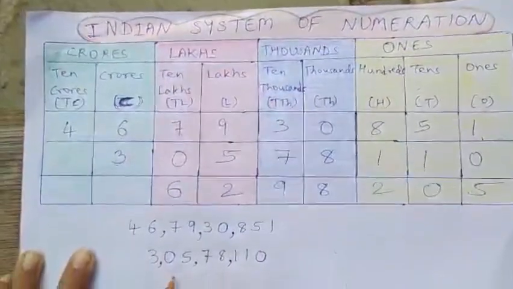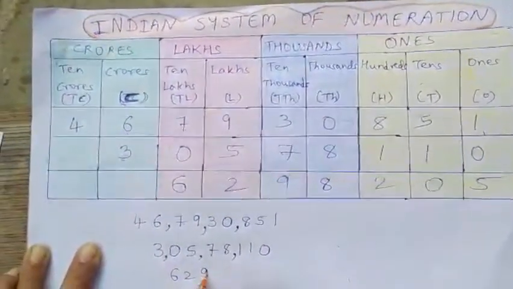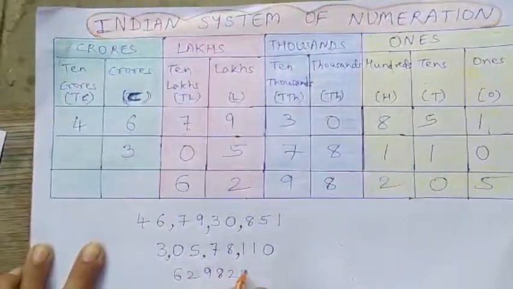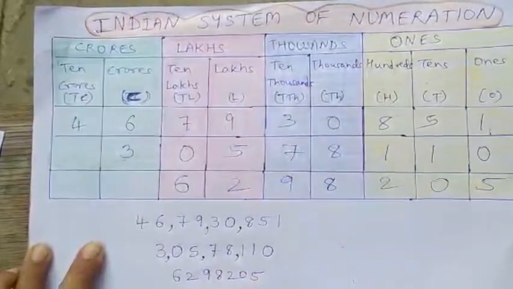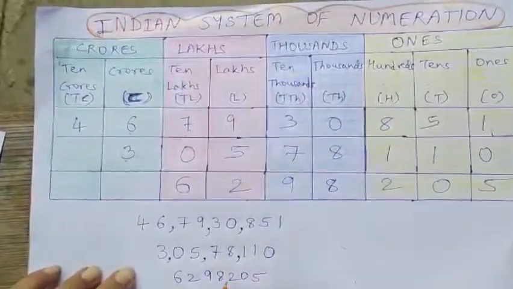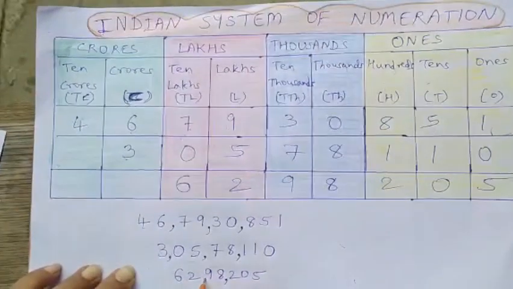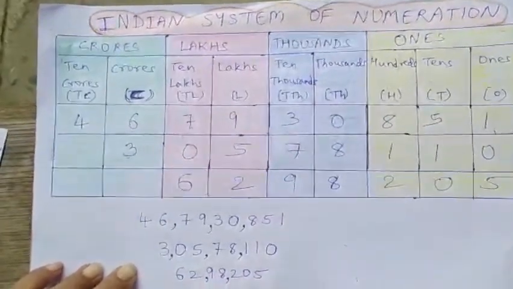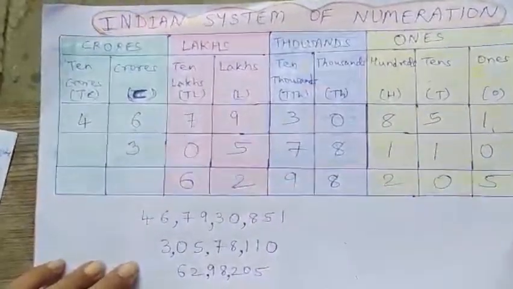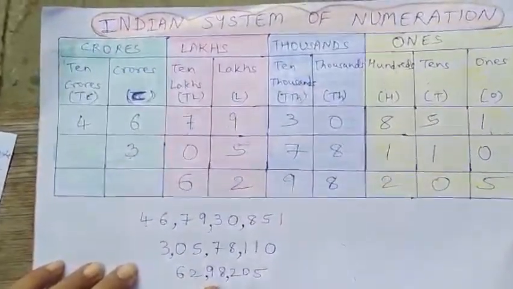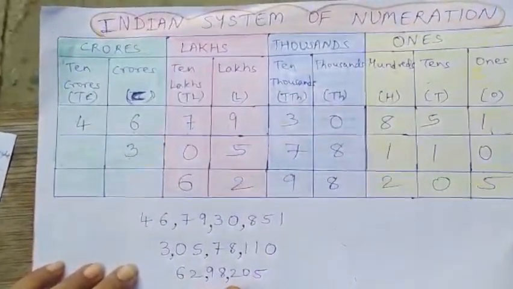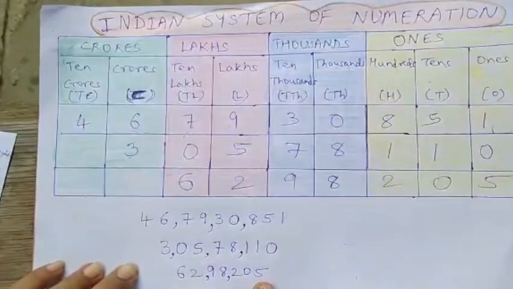Next example, in the same way we will go on putting commas as in the Indian system. So here before 3 digits, here before 2 digits. Now we will try to read this number, 62,98,205.